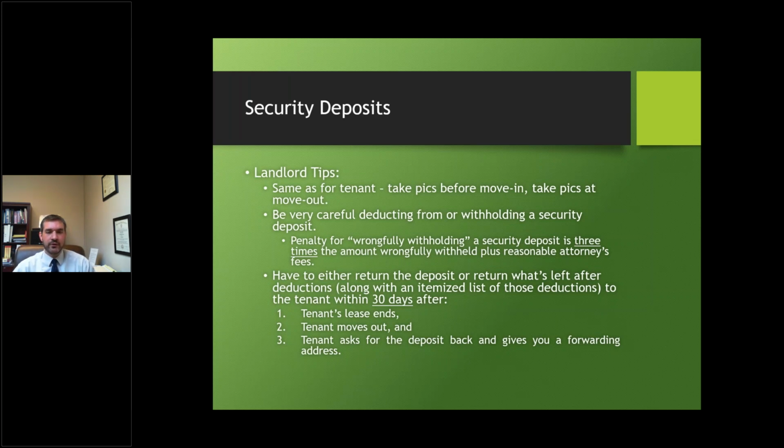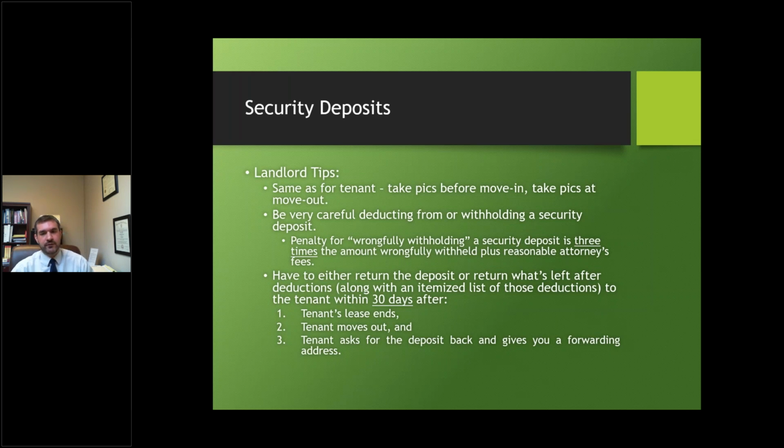If the landlord does deduct an amount that the landlord is not allowed to deduct, then the tenant has a cause of action for 3 times the amount wrongfully withheld plus reasonable attorney's fees. So let's say the landlord only withheld $50.